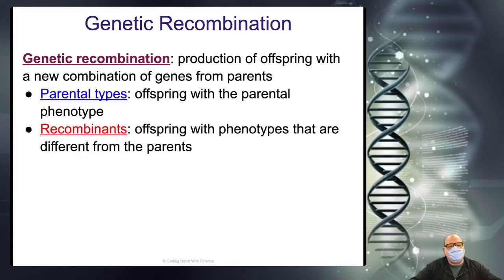If you have the exact copies of your parents, we're going to call you a parental phenotype. Recombinations are where genes have phenotypes that are different than the parents. And this is a good thing. It gives us variation, but not all genes segregate according to Mendelian rules because they're close to one another.